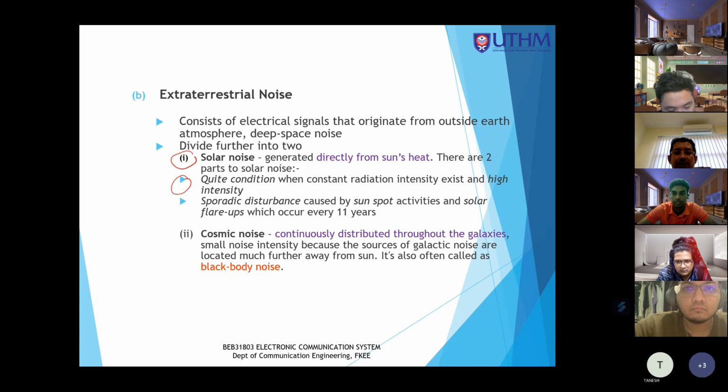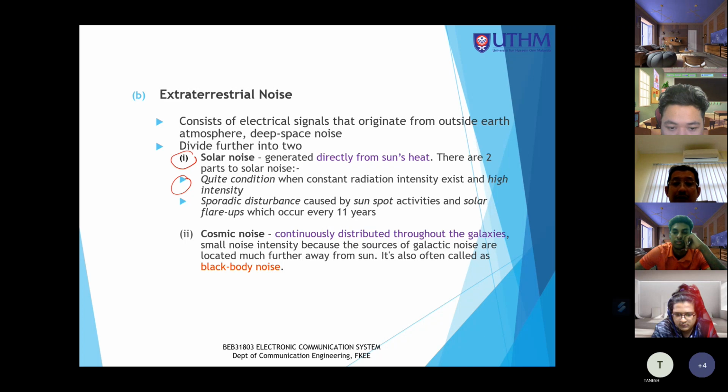So ini adalah disebabkan oleh aktiviti matahari yang mana matahari ni dia tidak statik, dia seperti gunung berapi yang sentiasa meletup-letup. So disebabkan oleh aktiviti matahari itu, maka berlakunya solar noise, disebabkan perubahan keadaan yang berlaku pada matahari.